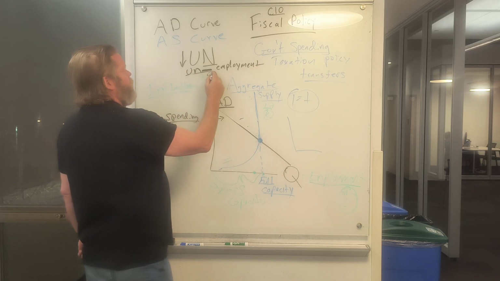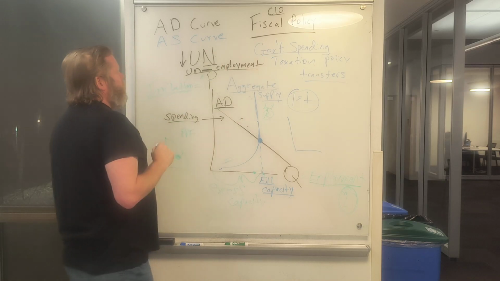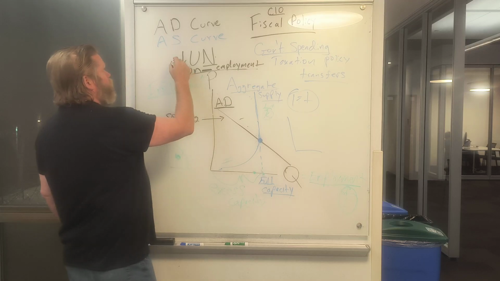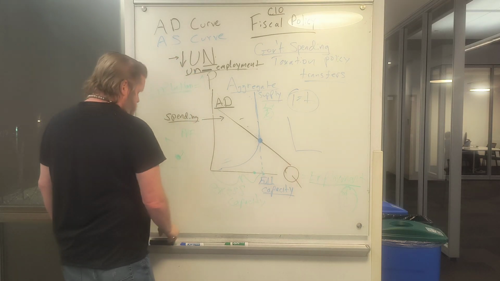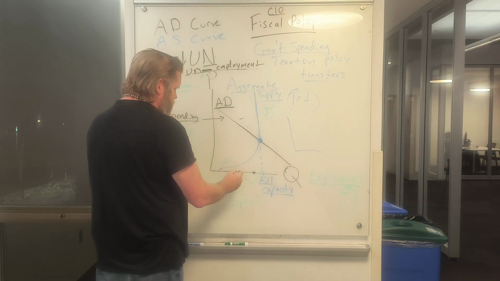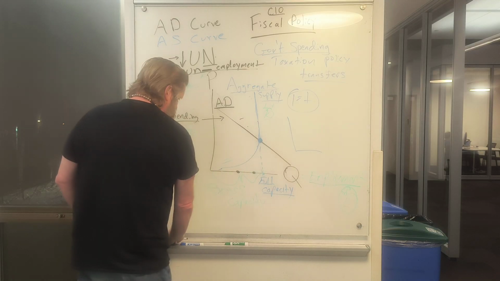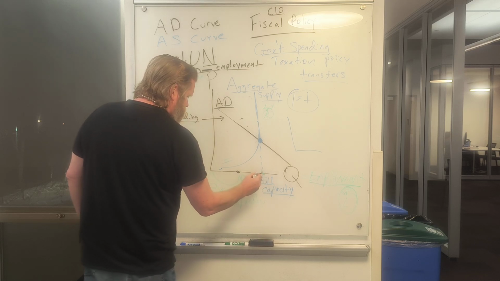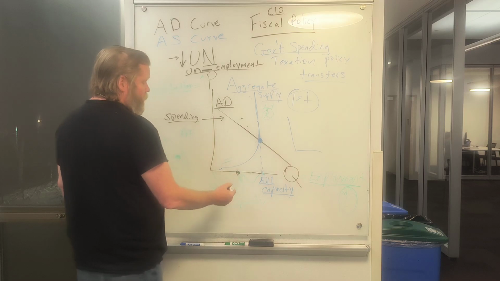It's not the way it's spelled, but you want unemployment. So if there is unemployment, what government wants to do is reduce it. So guess what? If we're here, and I'm going to just take it out here a little bit just to give us a little bit more visibility of this, here we have unemployment.